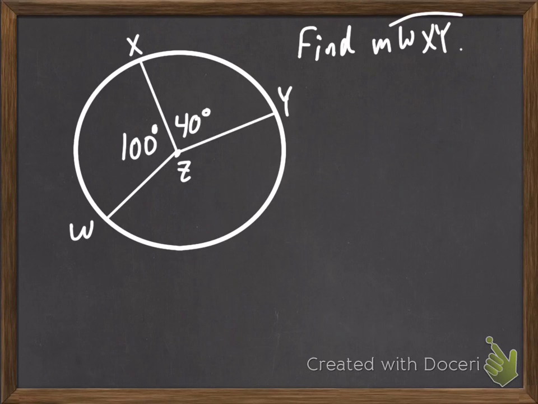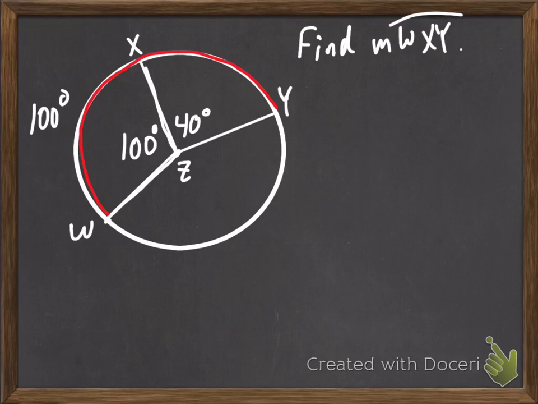Alright, so let's do an example with that. We want to find the measure of arc WXY. WXY is right here. So we need to find the measure of the arcs. And again, the measure of an arc is the measure of its central angle. So WX is with WZX. That's 100.